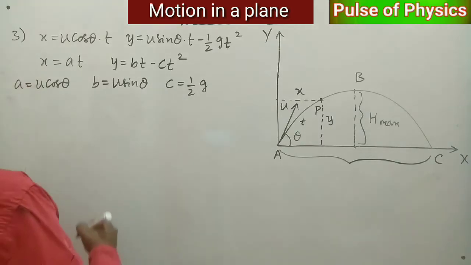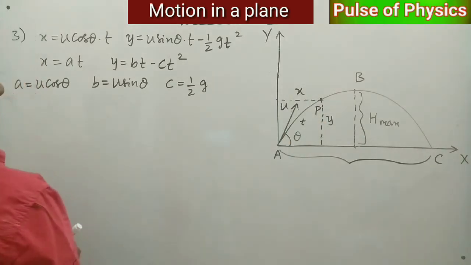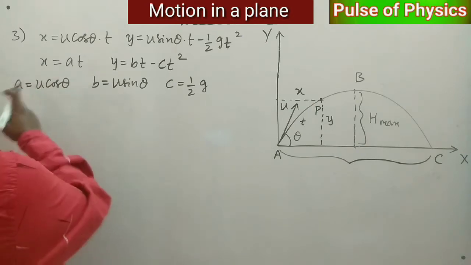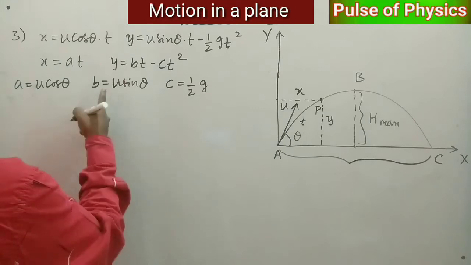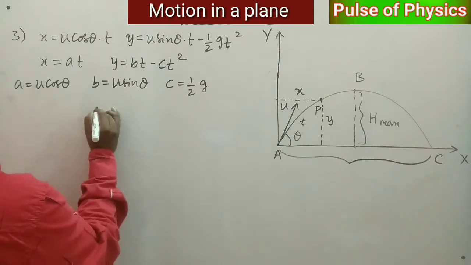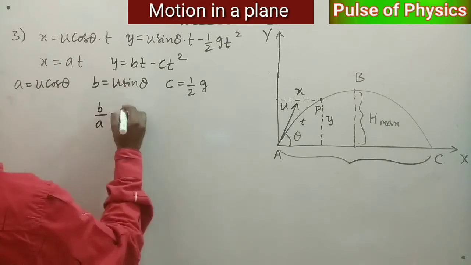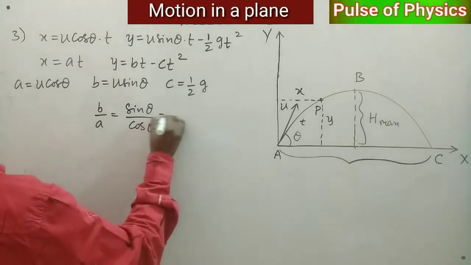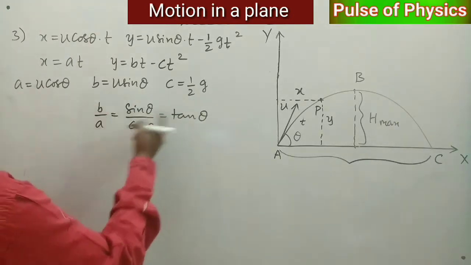Here, if I want to find the angle of projection, what should we do? I am doing b by a, that is nothing but the second equation divided by the first equation. B by a is equal to u sin theta by u cos theta. We will get sin theta by cos theta, which is tan theta. Theta is equal to tan inverse of b by a.